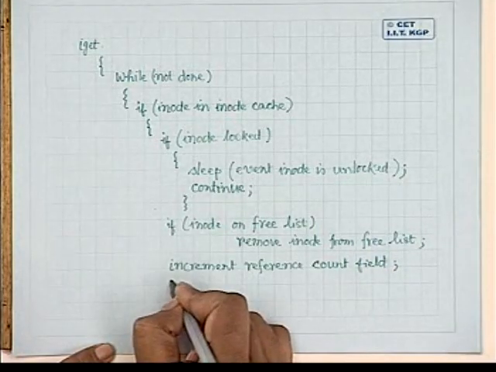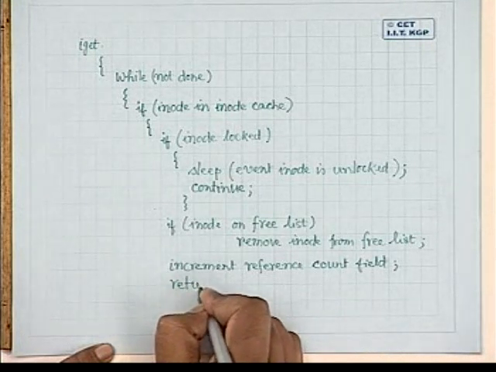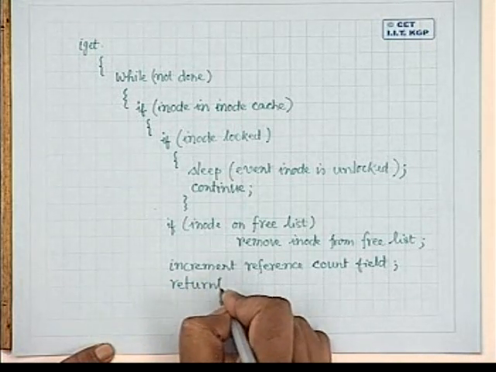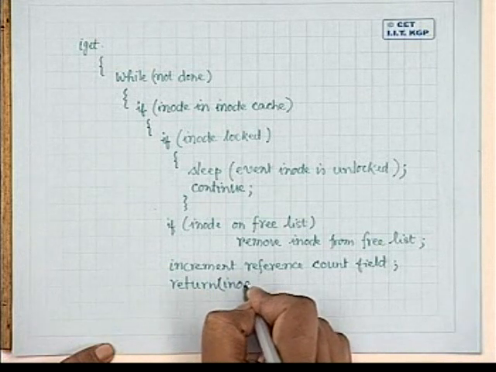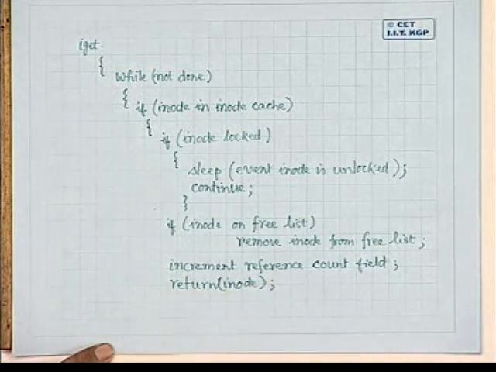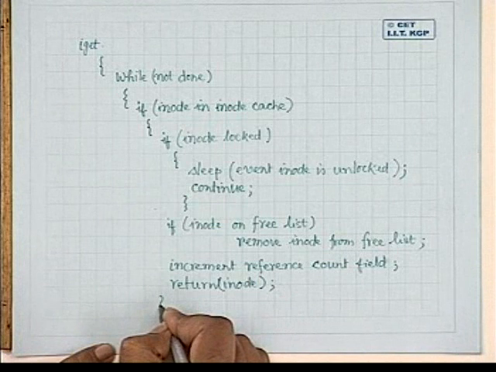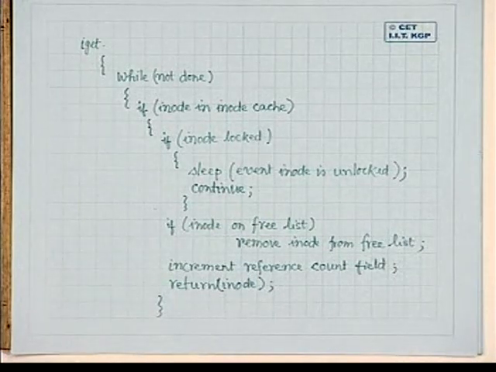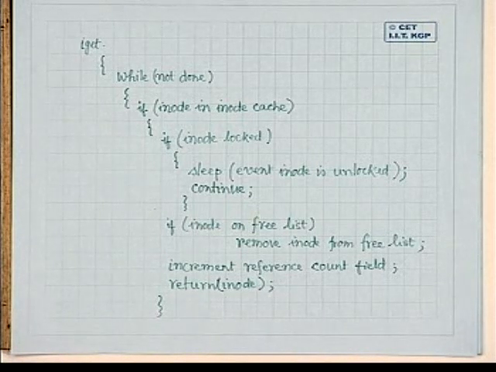And after that, we have to return the inode to the process that has requested it. So these are the operations to be done in case the inode is found in the inode cache.